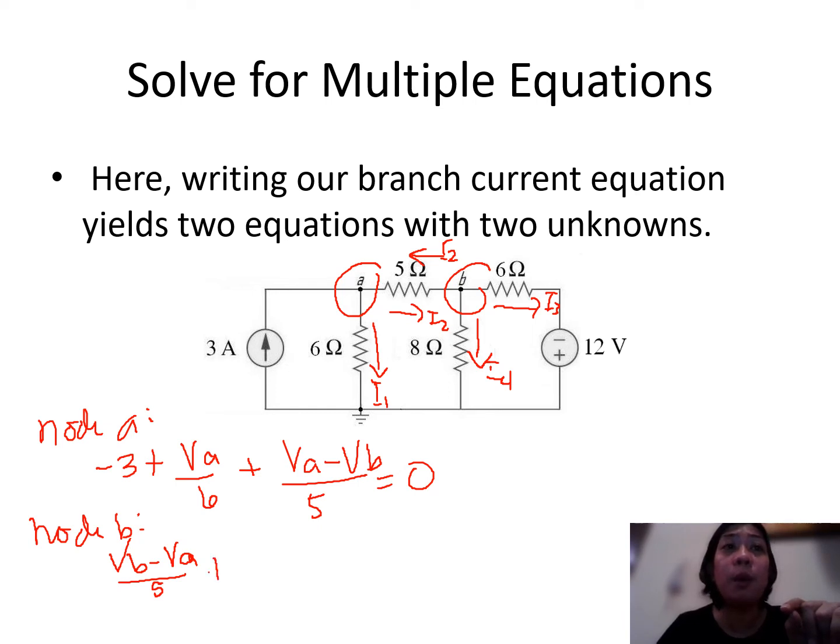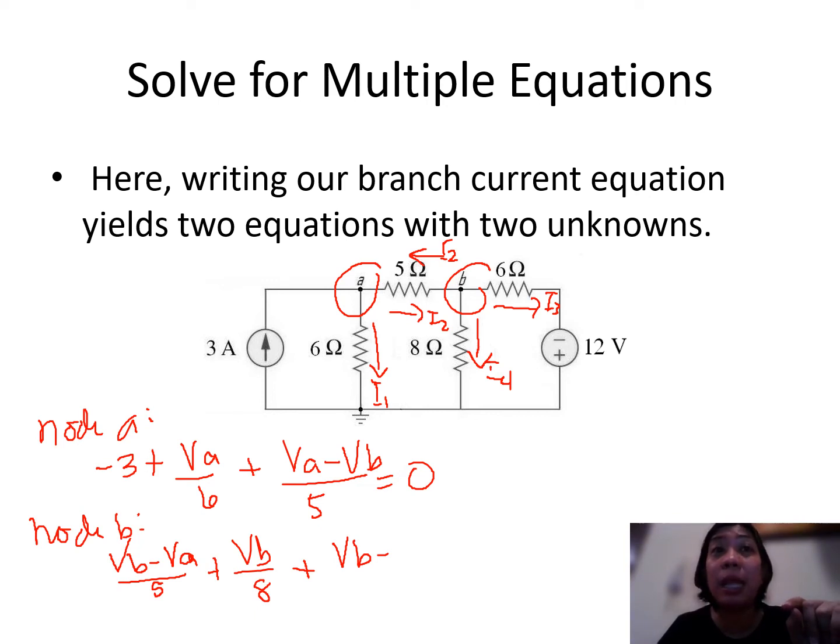Then we have plus VB all over 8, and then plus VB minus, supposedly it is VC here, but since this is connected to a voltage source, this is equivalent to 12.